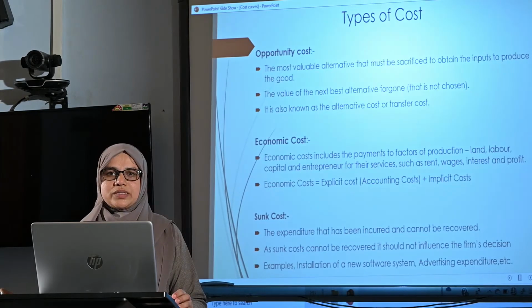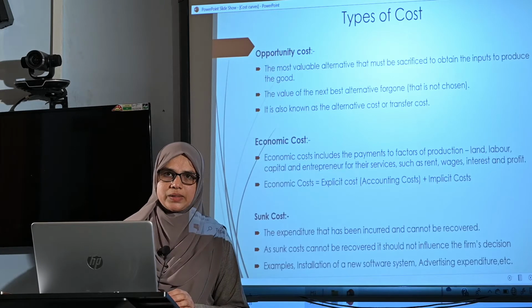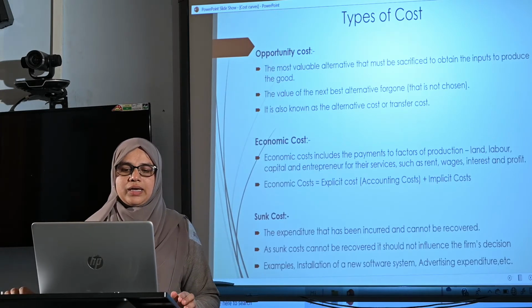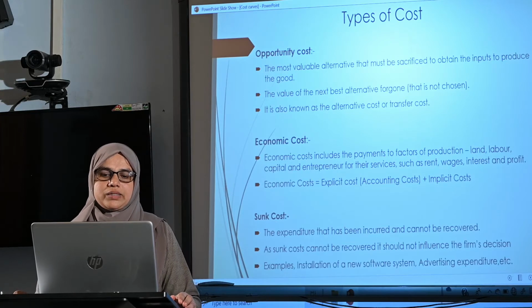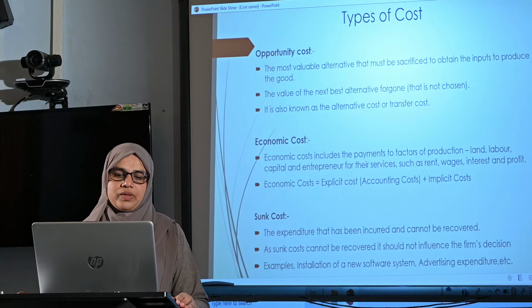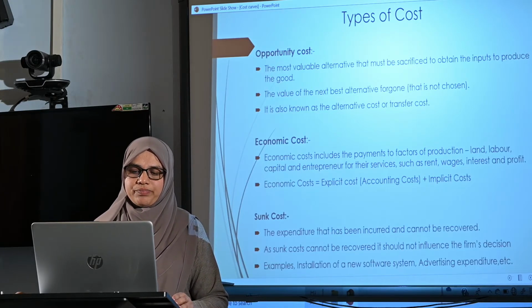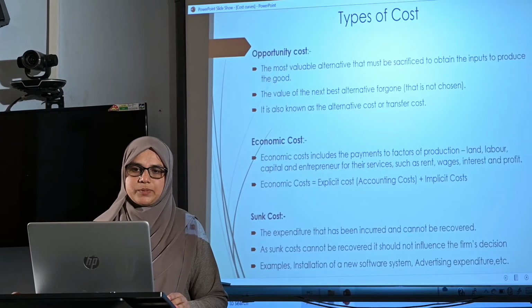Another type of cost is sunk cost. Sunk cost is the expenditure that has been incurred but cannot be recovered. As the sunk cost cannot be recovered, it should not influence firm's decision. Example, installation of a new software or advertising expenditure.